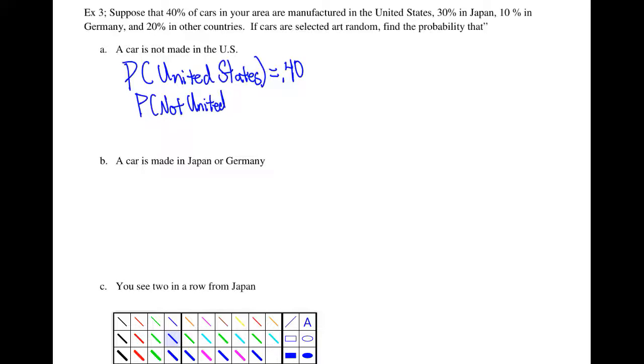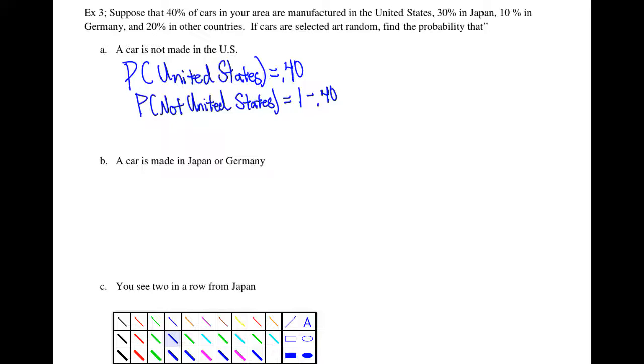Therefore, you must use the complement rule, which says the probability of an event not occurring is 1 minus the probability that it does occur. So to start out, we're going to write P of the probability of a car being selected in the United States equals 0.4, which represents the 40%, and then the probability of it not being in the United States would be, in reference to the complement rule, 1 minus 0.4, because we're looking for the probability that it won't be.